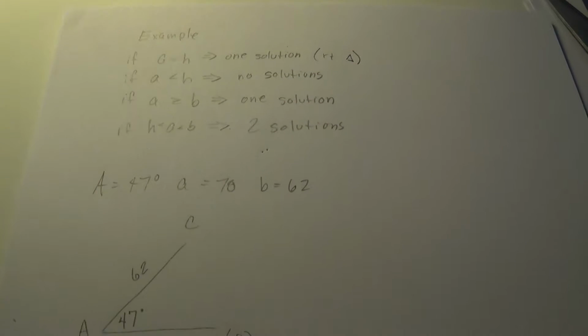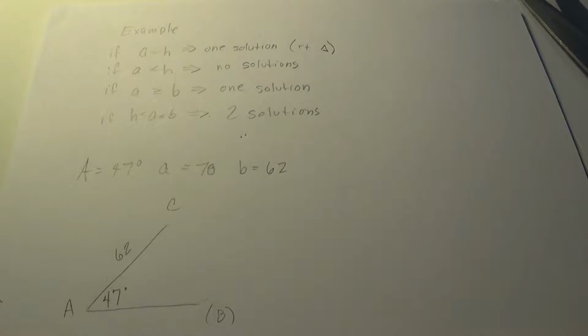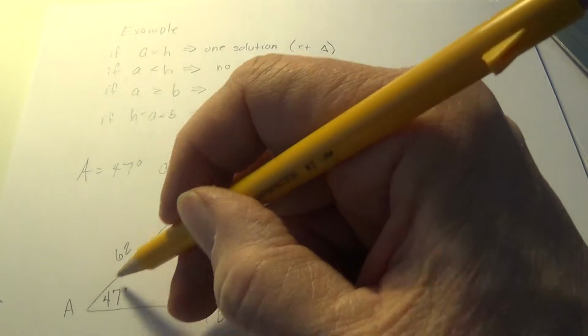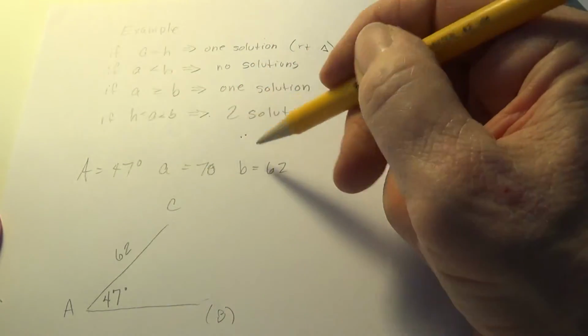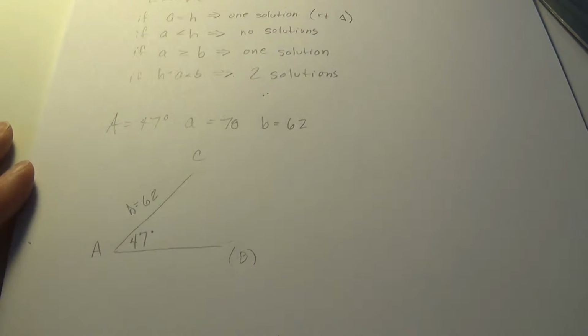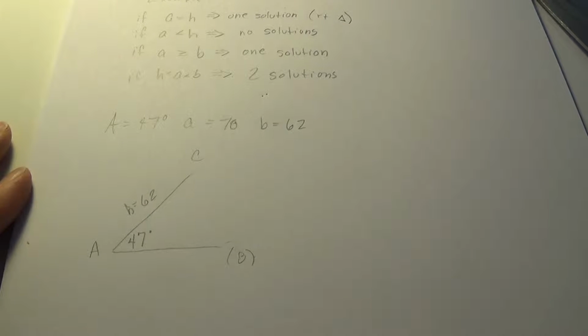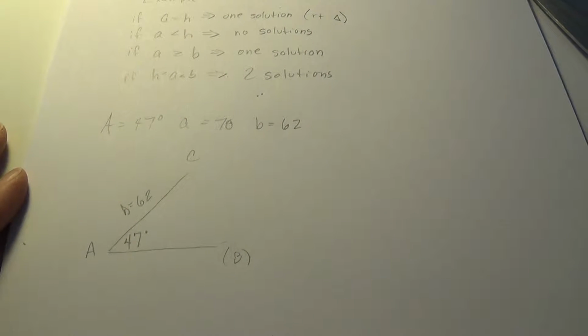So I kind of sketch it here, 47-degree angle about, and I'm going to call this distance 62, that's side B across from angle B. Notice I put B in parentheses because I don't know exactly where B is.